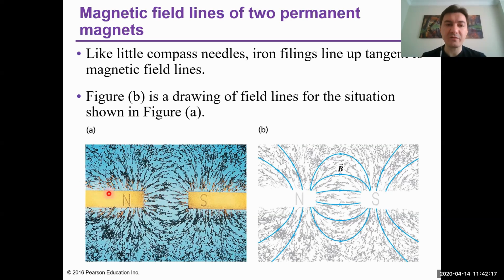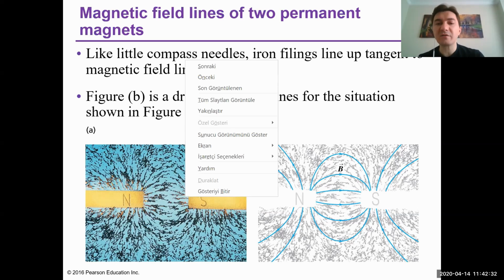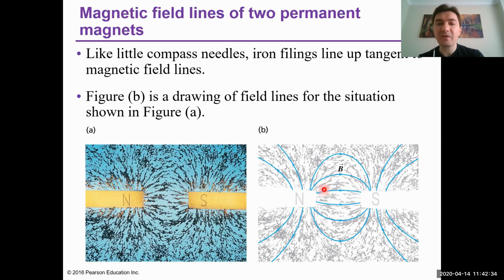The iron filings are oriented like this due to the magnetic field lines produced between the N and S poles. So field lines are also presented like this, from N to S. This is the direction. They leave from the N and enter into the S.